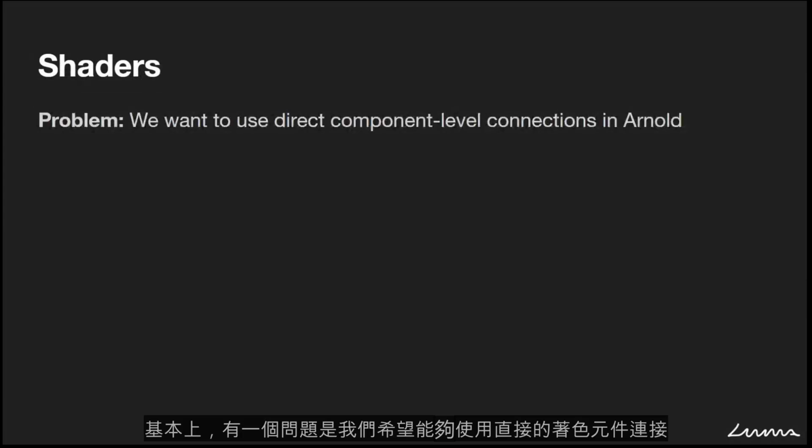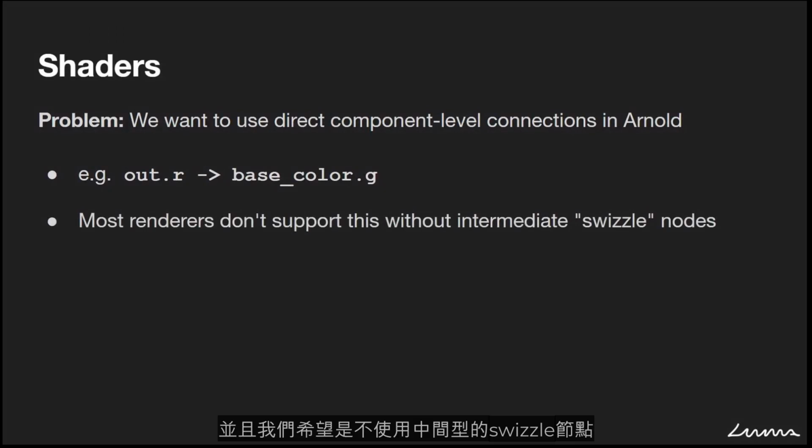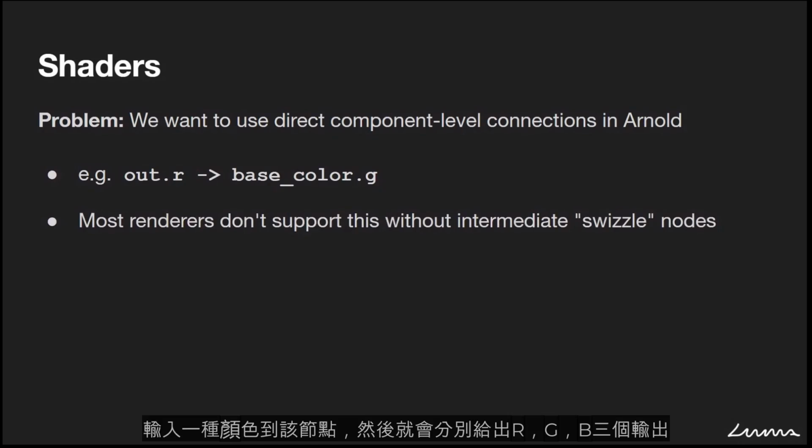Basically, one problem is that we wanted to be able to use direct shading component connections, which is something that most renderers don't actually support without using intermediate swizzle nodes, where you feed in a color and then it gives you three outputs, R, G, and B, and then you can wire those into other shaders.